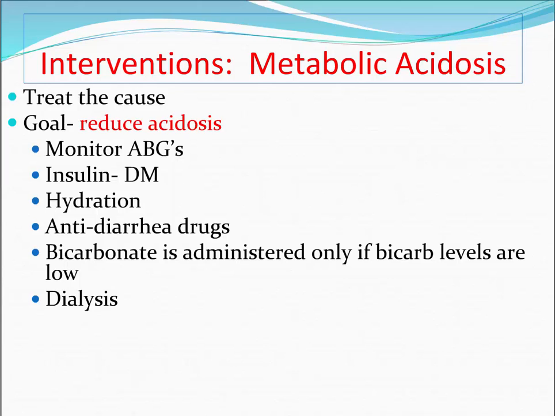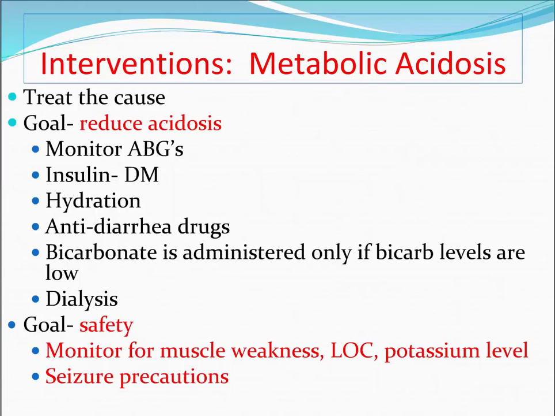Bicarbonate, we used to administer that a lot, but what was happening is people would flip into alkalosis, which has a whole different set of problems. And so now it is administered, but only if the bicarb level is emergently low. If it's a renal issue, dialysis can be implemented.